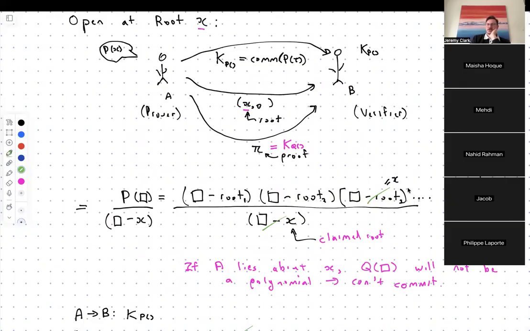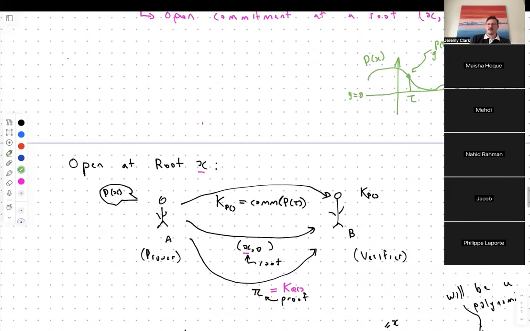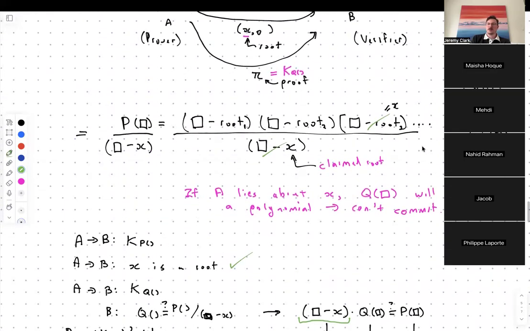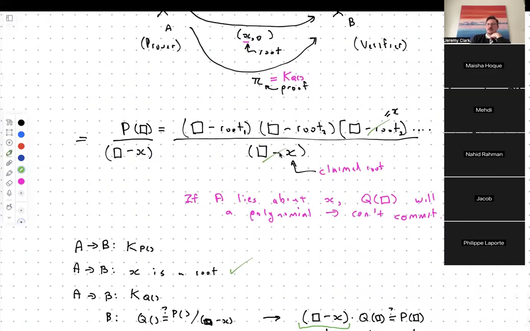Okay, so that's what the roots look like. So if I claim that x is a root of this polynomial, then I should be able to divide my polynomial by variable minus x, and this should cancel out with one of the roots.